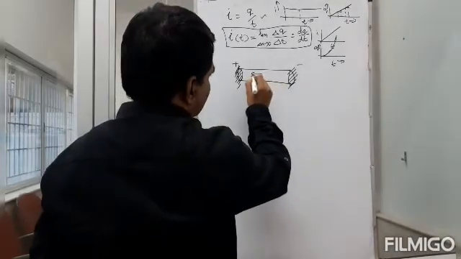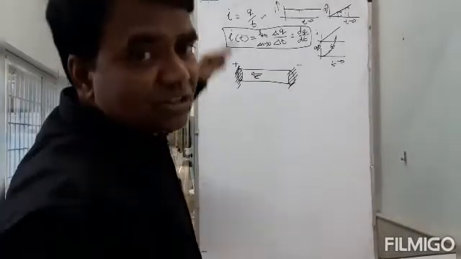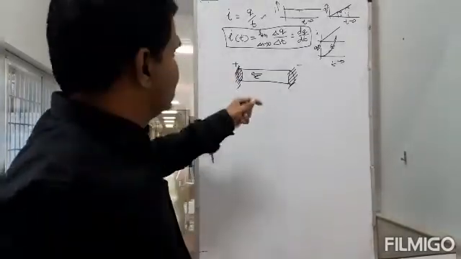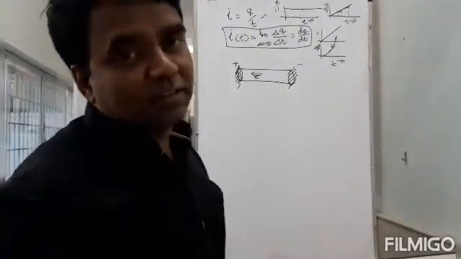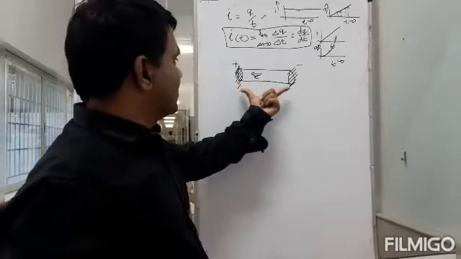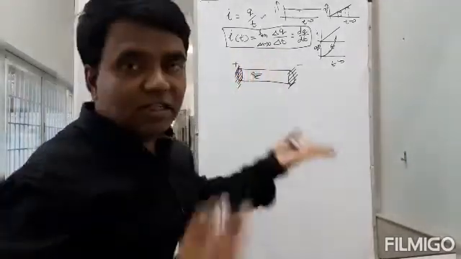And if I keep replenishing this by some mechanism, then electrons will keep moving this way. So I will get a constant flow of current. If I don't keep replenishing this, then they come and neutralize and then they stop.